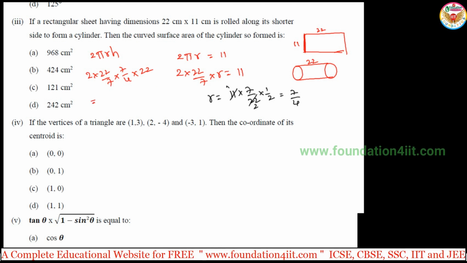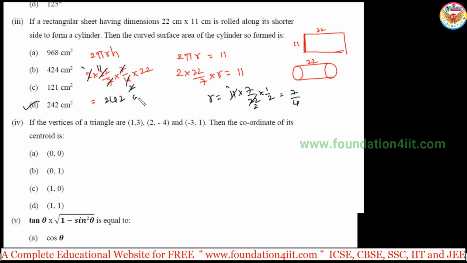Just you can simplify, that is the answer. So 7 7 get cancelled. 2 times 1, 2 into 11. So 11 into 22, so 242. So option D. 242 centimeter squares. Right.